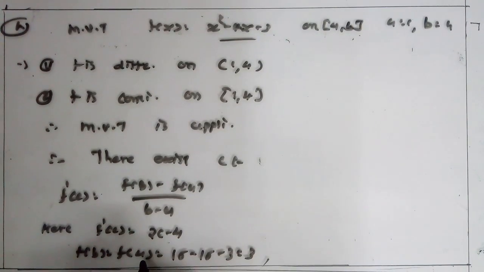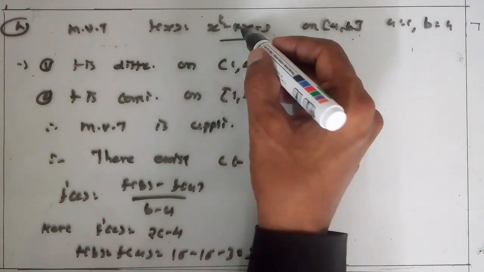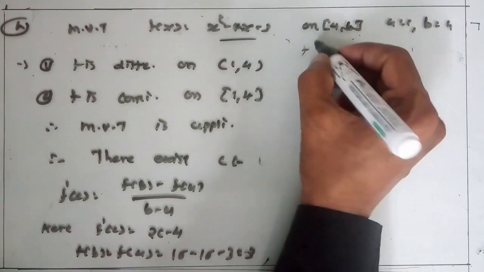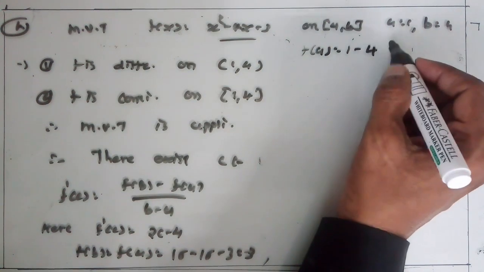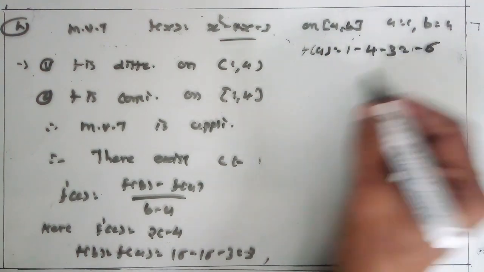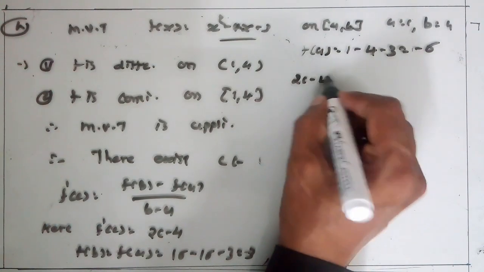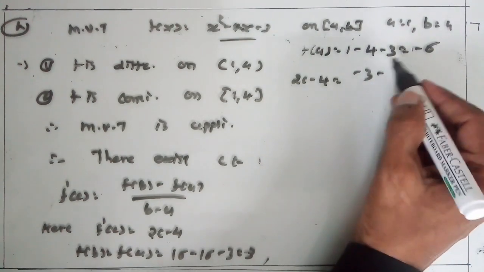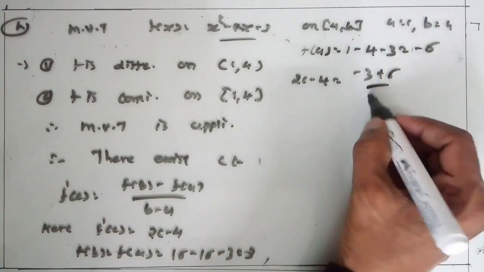F of b is equal to f of 4 is equal to 4 square is 16 minus 4 into 4 becomes 16 minus 3 becomes minus 3. And f of a is equal to f of 1. So 1 square is 1 minus 4 into 1, 4, minus 3, equal to, here minus 3 becomes minus 6. So f dash c is equal to 2c minus 4, f of b is minus 3, minus f of a is minus minus, plus 6, upon b minus a, that is 4 minus 1.